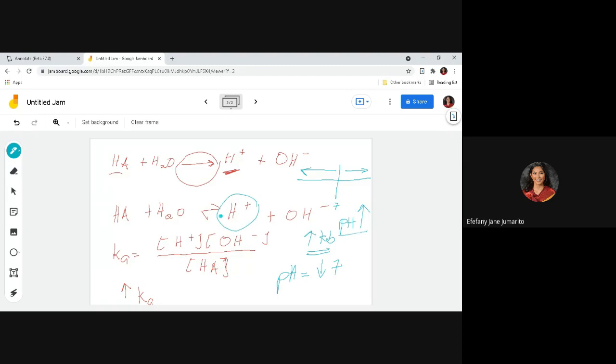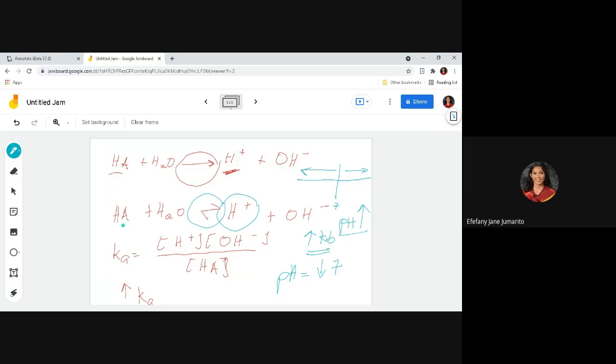Now, again, if we have weak acids and weak bases, then we will have a conjugate acid and then your conjugate base. Then also the arrow is double-headed.